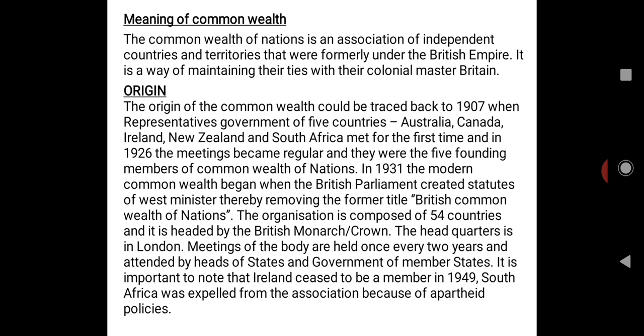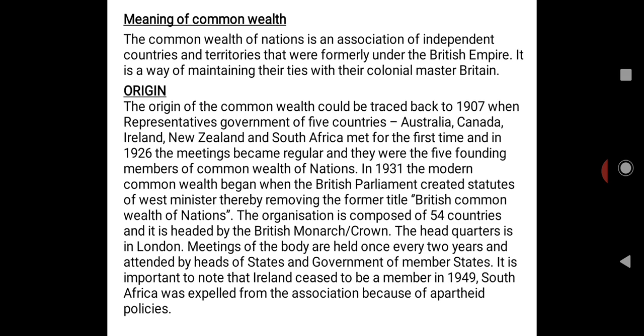The organization is composed of 5 countries presently, and this organization is headed by the British monarch or the British Crown in the person of Queen Elizabeth II. The headquarters of Commonwealth of Nations is in London. Meetings of the body are held once every 2 years and attended by the head of state and government of member states.